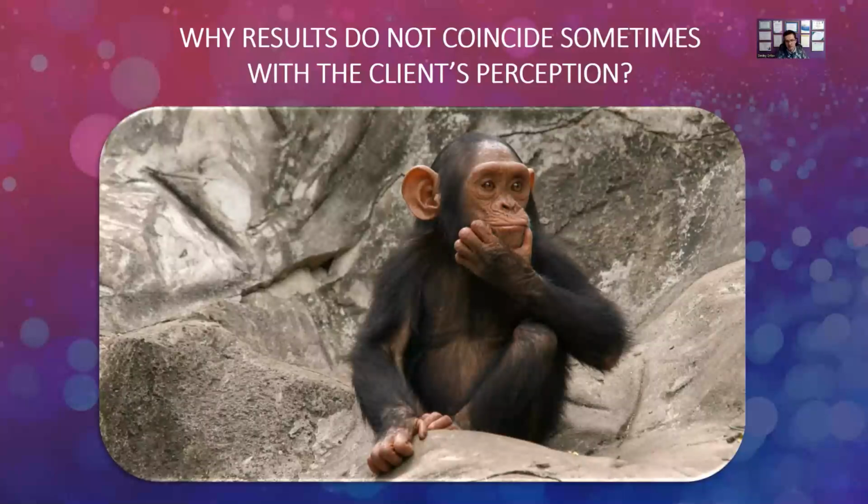So a warrior type nervous system will not sense any signals because the threshold is very high, and the person will say, I'm fine, I'm perfect, everything is well, while you can see in the biowell that it's not so well. And then the results of the biowell scan and the client's perception will not coincide.